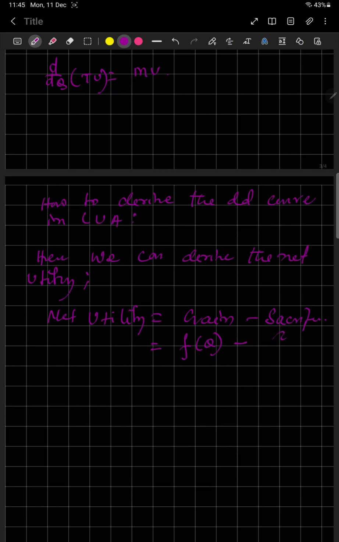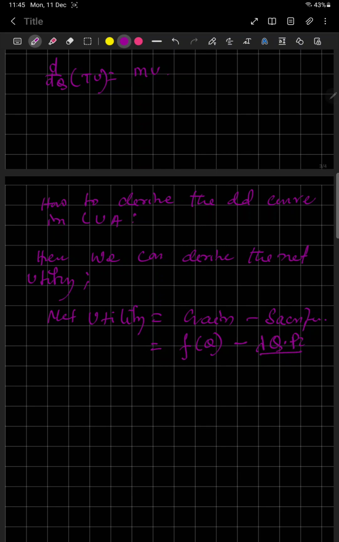If I am consuming q units of a commodity and paying p for each unit, then qp is the expenditure I am having. If the marginal utility of money is lambda, then this will be my sacrifice.